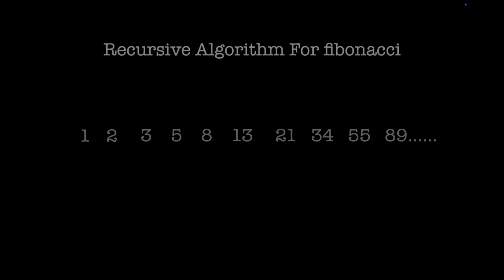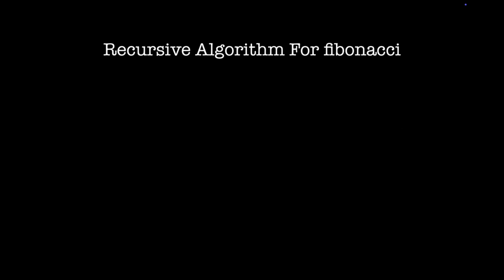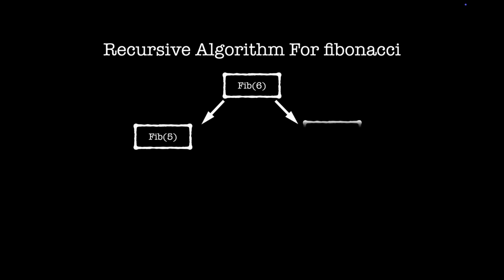Okay, so let's think about a recursive approach to find a Fibonacci number. First of all, we know that the sixth Fibonacci number is equal to the sum of the fifth and fourth Fibonacci numbers. So if I know what the fifth and fourth Fibonacci numbers are, then my target will be completed. But the thing is that we don't know what the fourth and fifth Fibonacci numbers are.